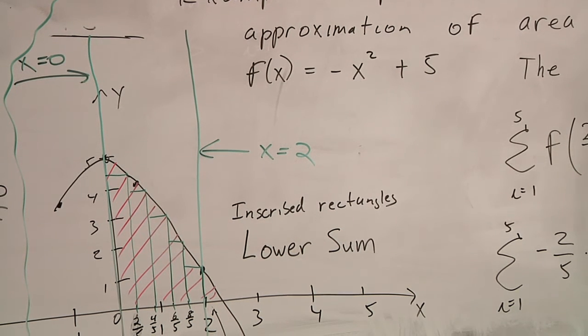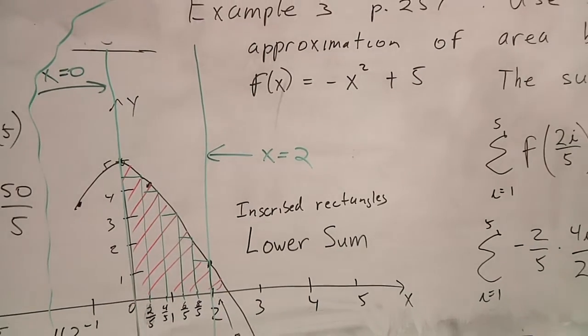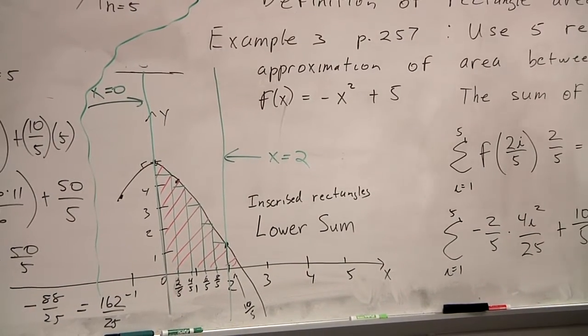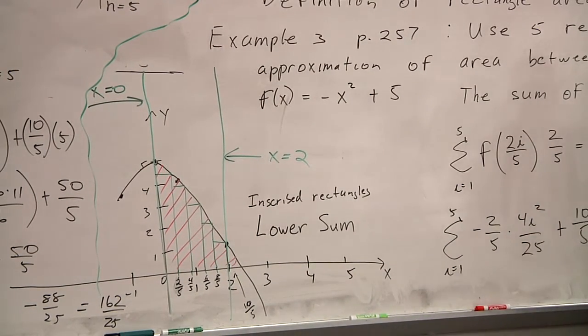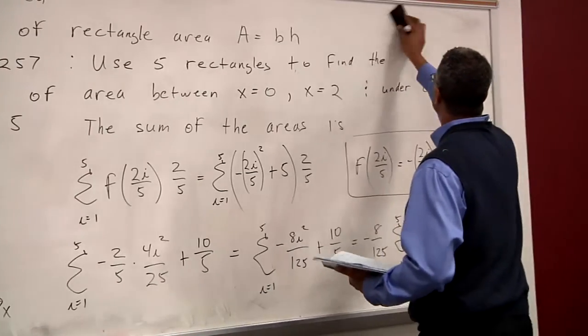And the general formula for a lower sum is the following. I'll write it up here.